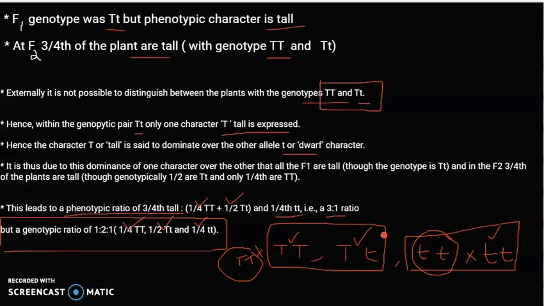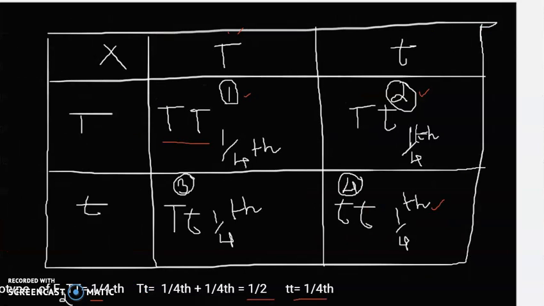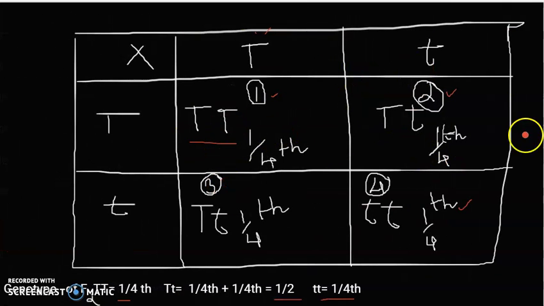So how did we say that the Punnett square has given rise to tall plants which are capital T small t and so on? By simply looking at the phenotype of a dominant trait, we are writing it as capital T small t and capital T capital T. But it is not possible to know the genotypic composition.